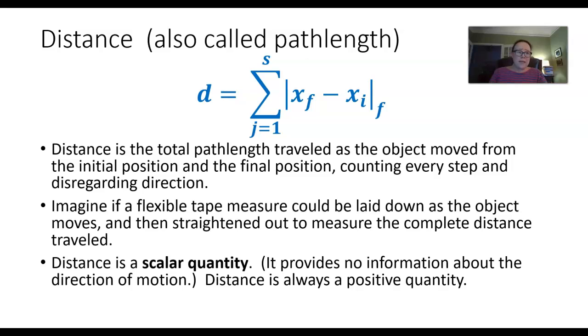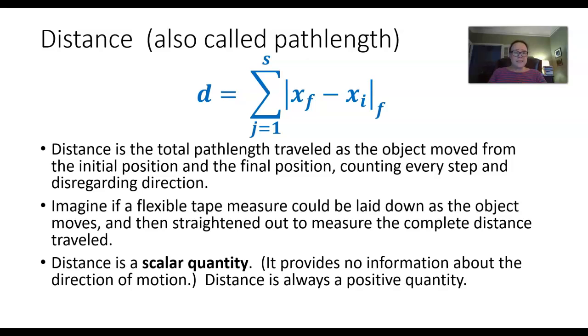And actually, we're adding up the absolute value of the individual displacements. So in this formula, the sigma sign, the thing that kind of looks like a backwards z, is saying take the sum of all these things. And the things that we're taking the sum of are the absolute values of the displacements.